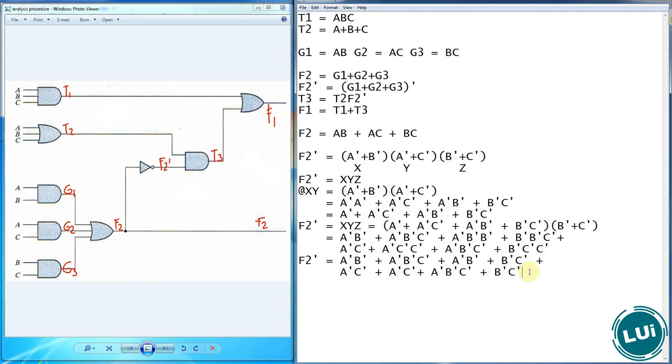Again, based on Boolean identity, x or x is equal to x. That means we can remove one of the two identical expressions.